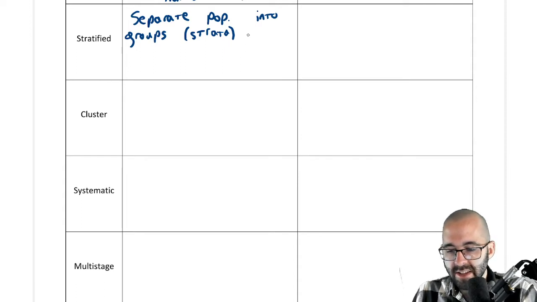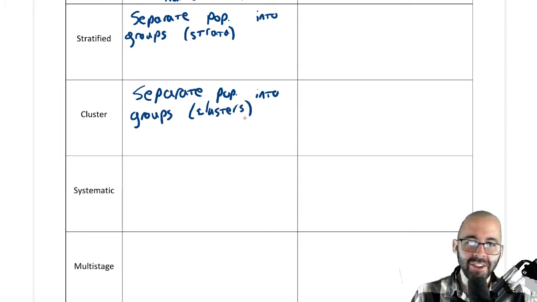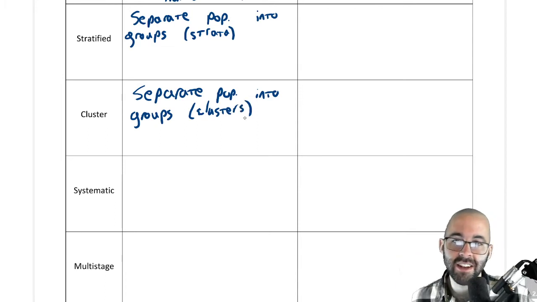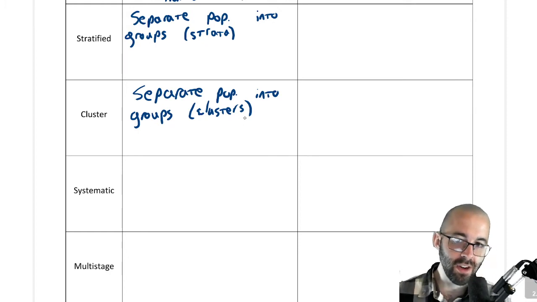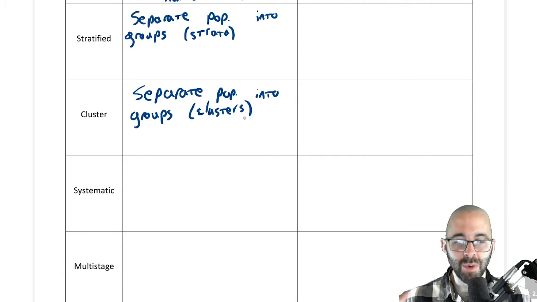And that's actually going to be for both of these. So let's do both definitions at the same time. Separate population into groups, also known as clusters. We can call the groups whatever we want, right? They're usually called strata for stratified and usually called clusters for cluster. And then what we do after that is where it's different.